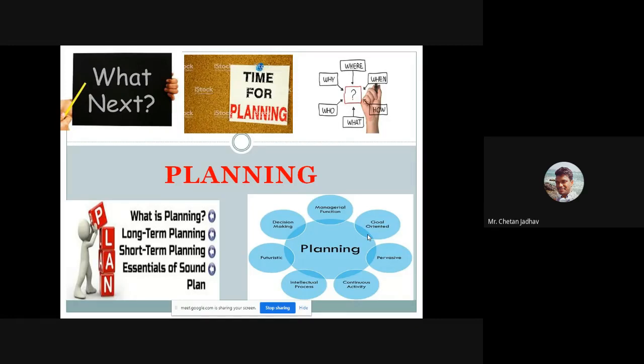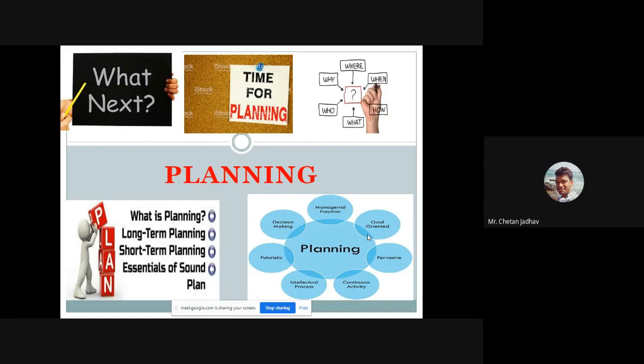In that first slide I have pasted four to five images. In the first image, what next? The first question arises when you are going to assign some work to yourself or others: what is next, what are you going to do for that particular thing?